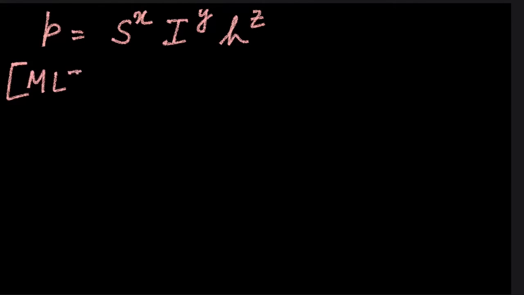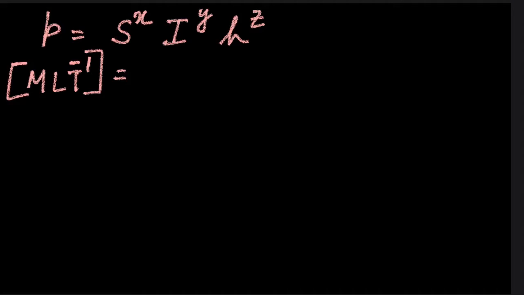Let linear momentum depend on some x power of surface tension, some y power of moment of inertia and some z power of Planck constant. Now we have to write the dimensions of the quantities on the left hand side and right hand side. M L T to the power of minus 1, after all, this is linear momentum. Linear momentum is mass into velocity.